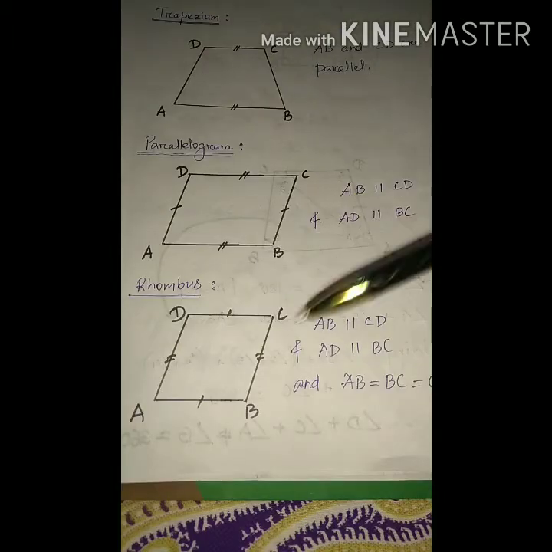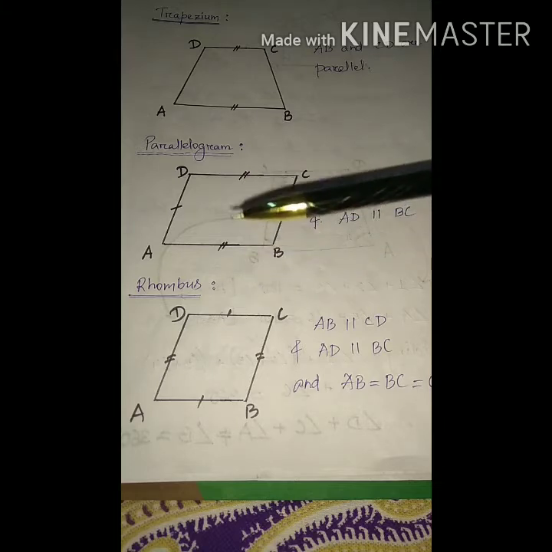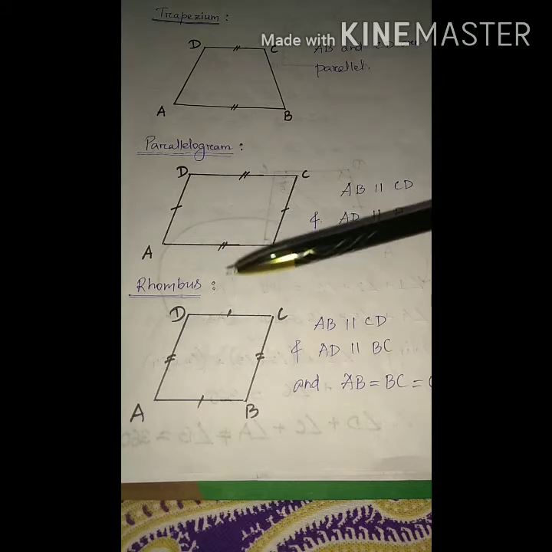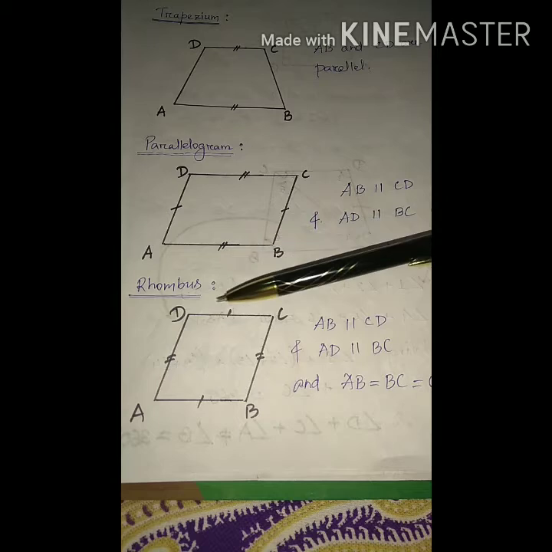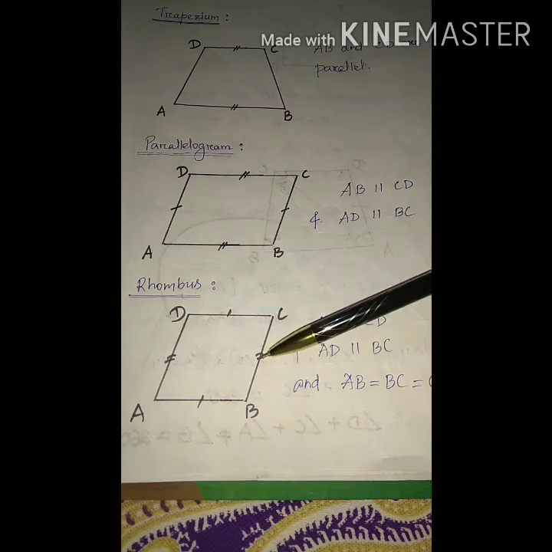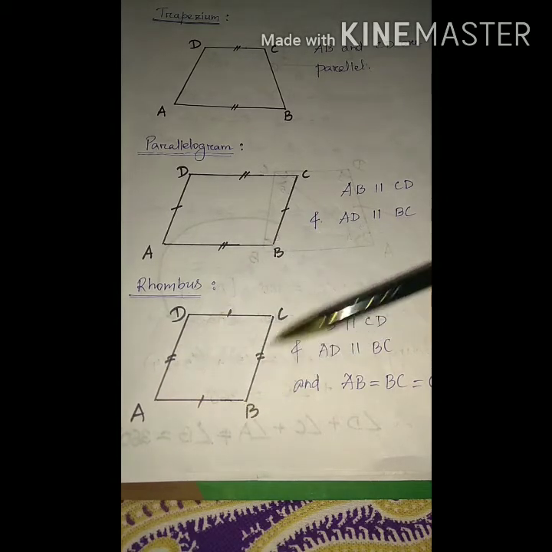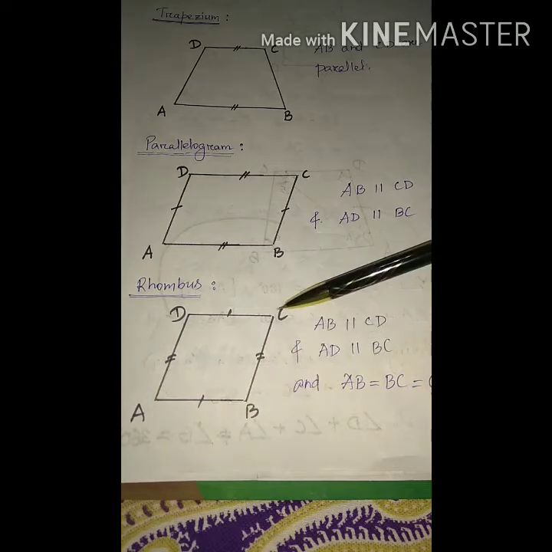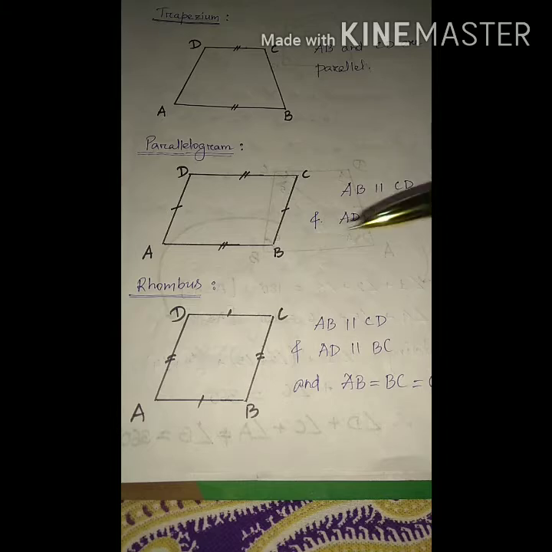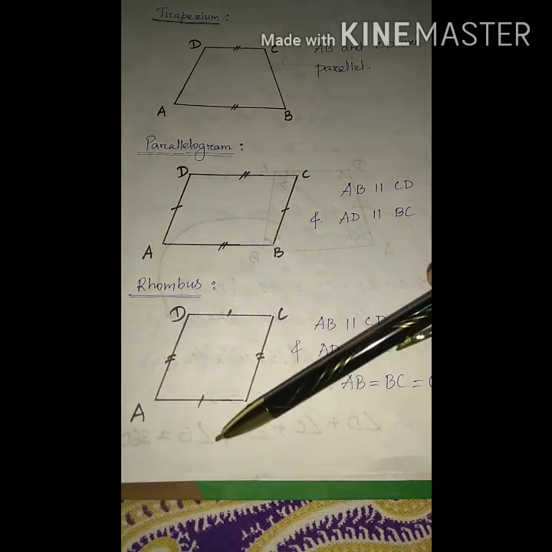Next one is rhombus. The third one. In case of a rhombus, the condition is what? Opposite sides are parallel, required. So that means AD is parallel to BC as well as AB is parallel to CD. These two opposite sides are parallel, must be required here. And with this, one more condition is there. Here all sides are equal.